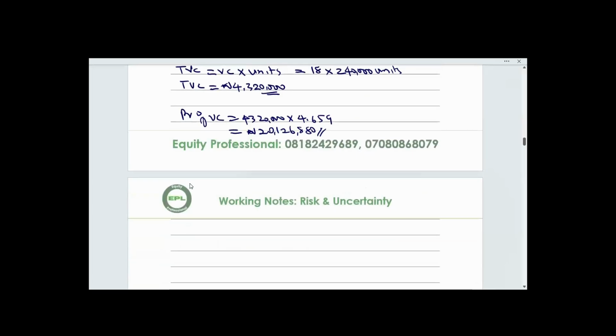Then number 6, we are to calculate the sensitivity margin of product life. Let me rewrite that.